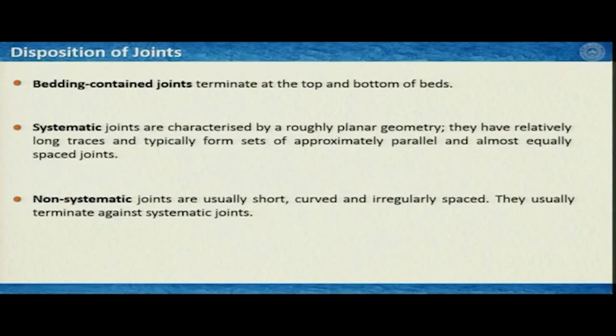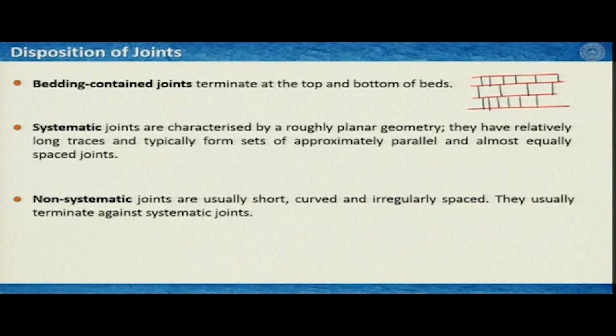Now, one set of joints, you can think that this could be bedding contained joints. So, that terminates at the top and bottom of the beds. What I mean by that, these are your traces of the bedding planes on a surface, and if the joints do form, then you may have joints only confined in one bed, and then you may have joints confined in the other bed like this.